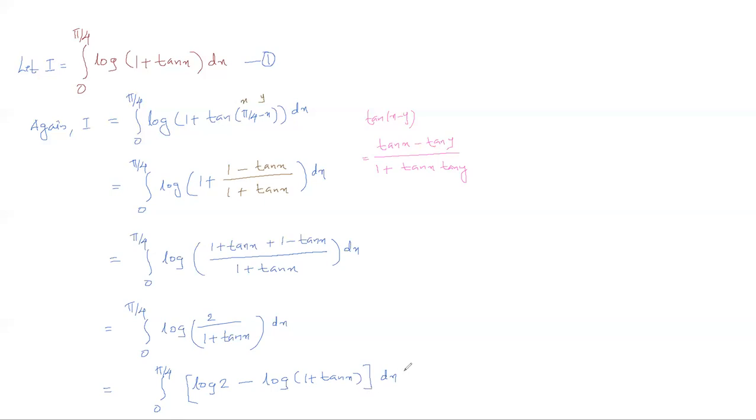So I'm writing the right side. This is equals, you can split this: integral 0 to pi by 4 log 2 dx minus integral 0 to pi by 4 log(1 plus tan x) dx.